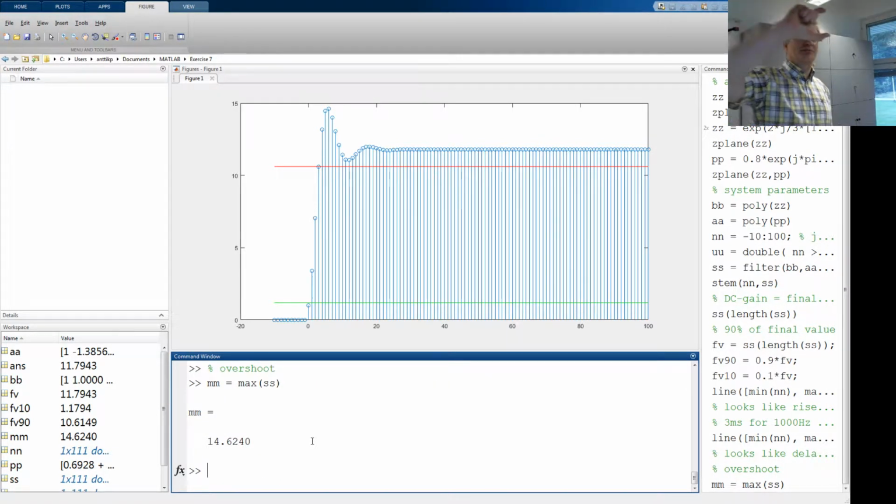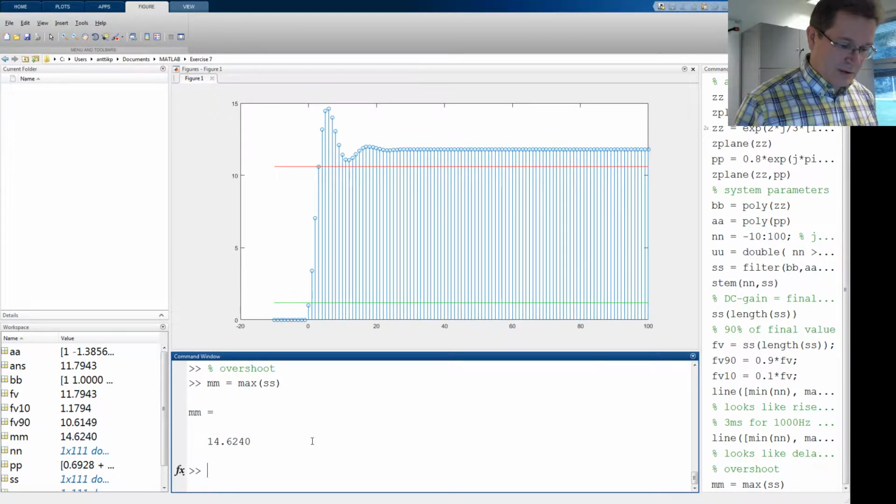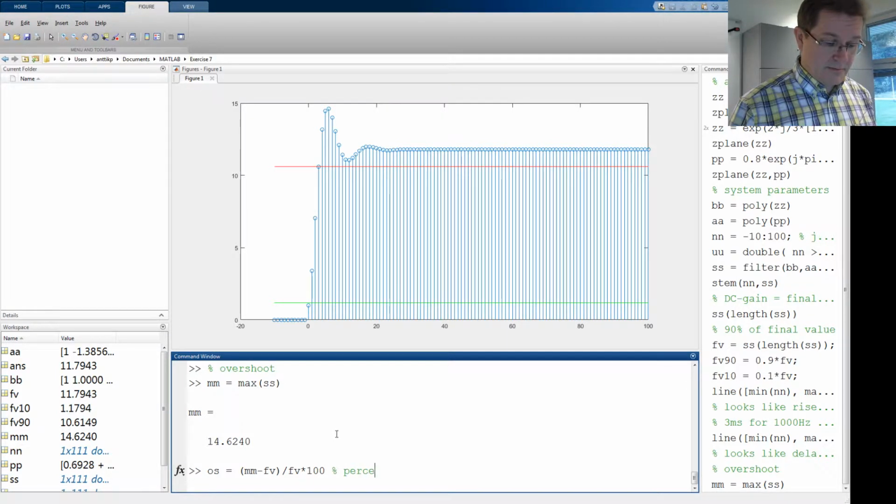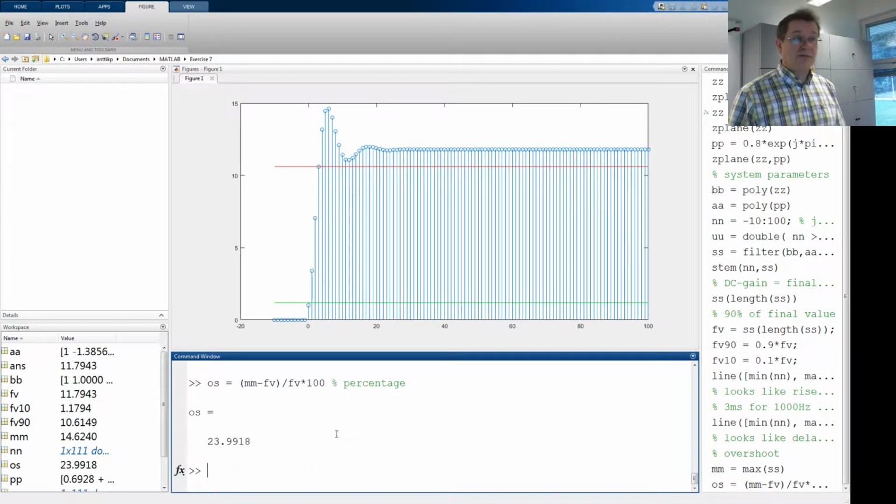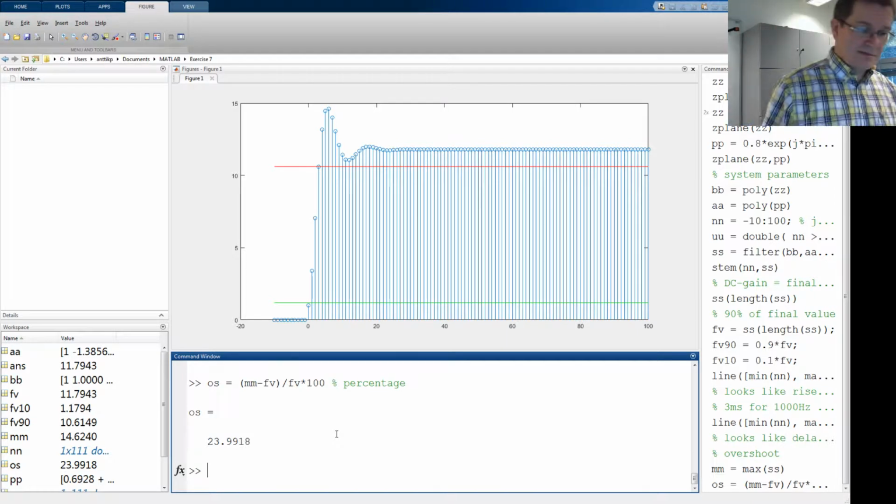The overshoot is a percentage over the DC gain. So basically the overshoot is that maximum minus the DC gain, which was FV, divided by FV times 100. So it's basically in percent. 24% overshoot. Okay, makes kind of sort of sense.